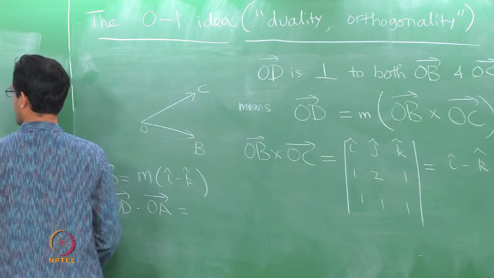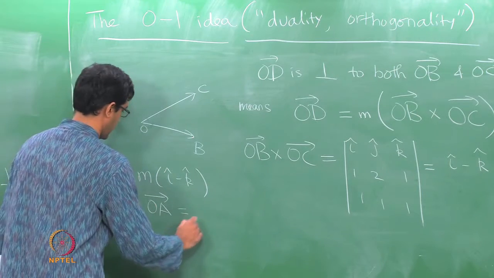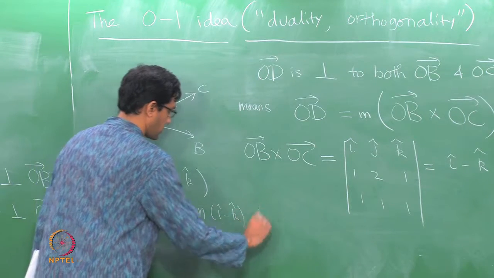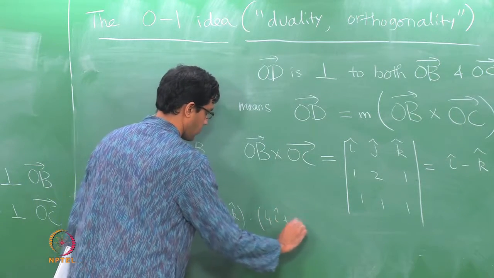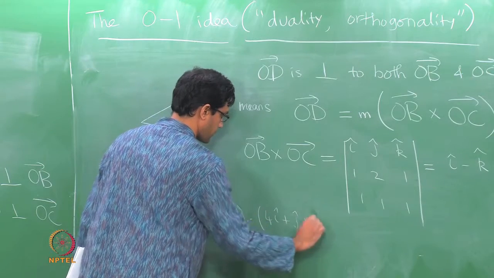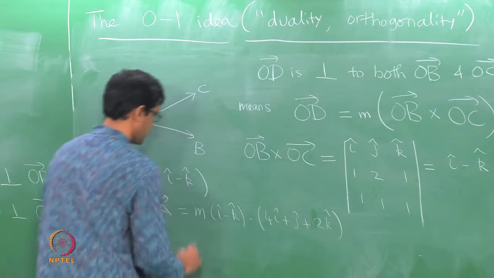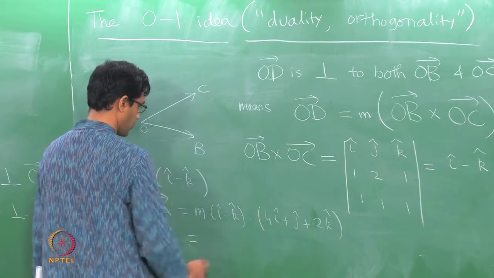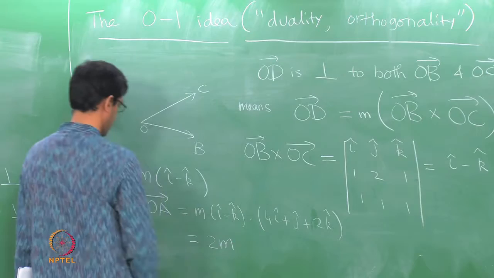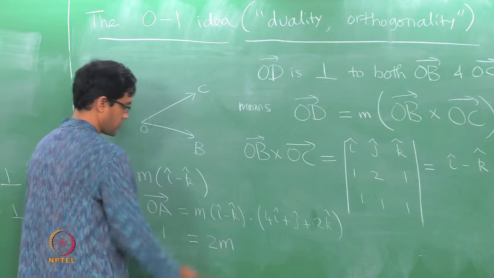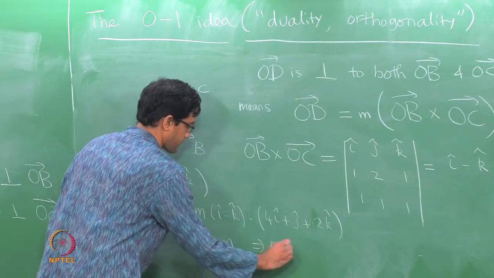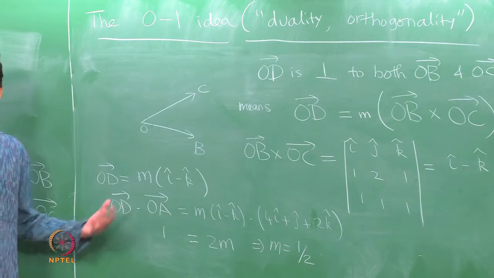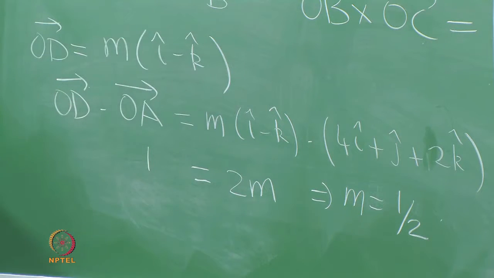Let us do this. OA is 4 1 2, right. So I have m times i minus k, dot product with 4 1 2. So this gives me, by the dot product rule that I just wrote out, 4 minus 2, so that is 2. So I get 2m, and this is supposed to be 1, right. So this tells me that m is half. So in other words, the OD that you are looking for is just half of i minus k.